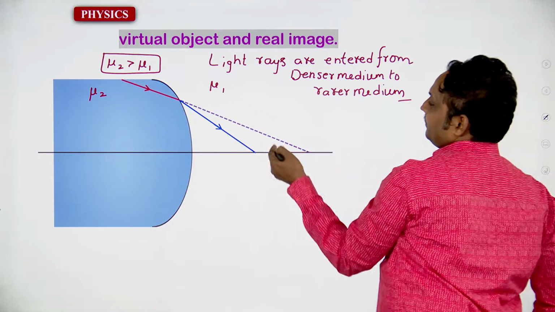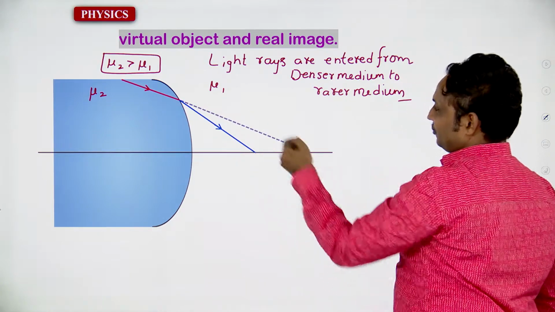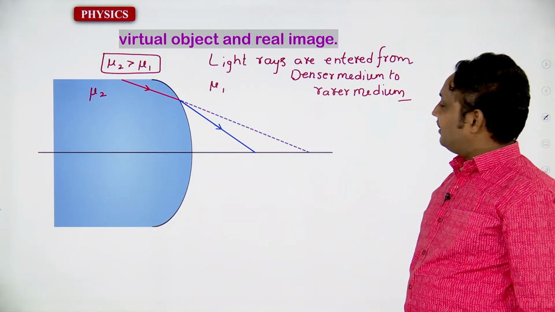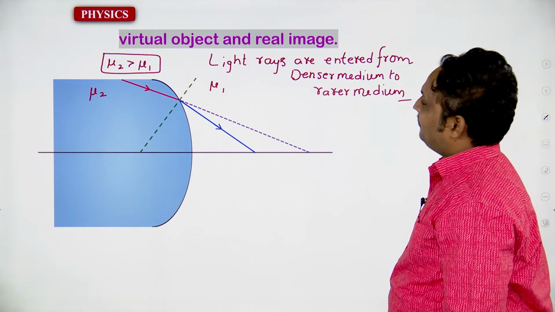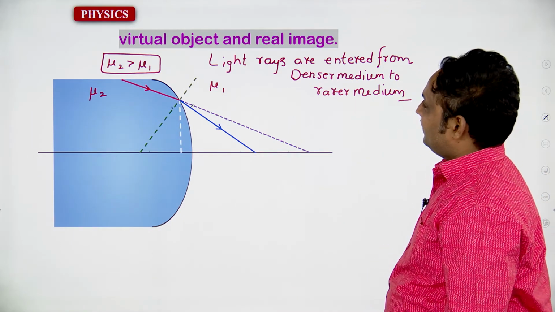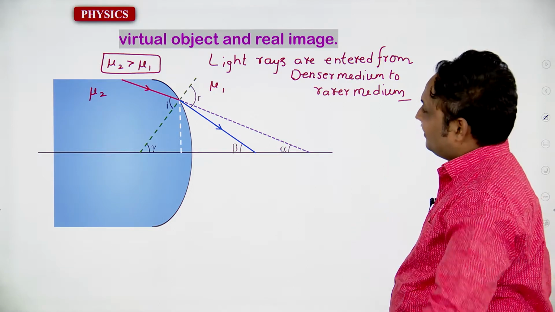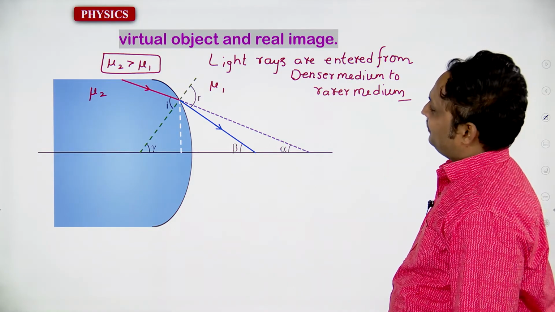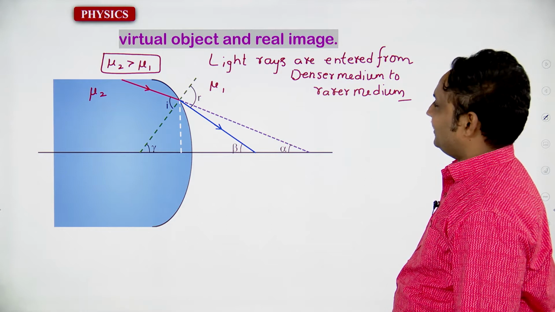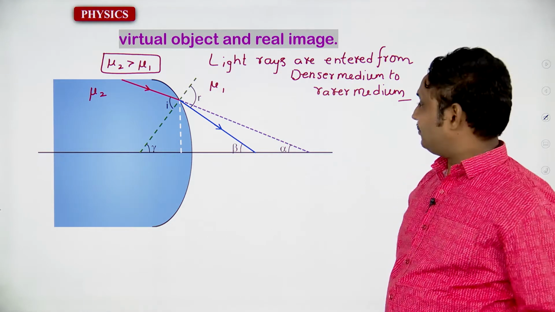Actually it has to appear in this direction, yes, this is going to be the extended light ray. We have taken that normal, yes, it's very clear, angle of incidence and angle of refraction, what we have seen.